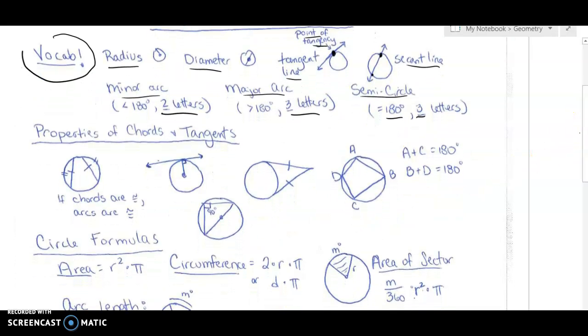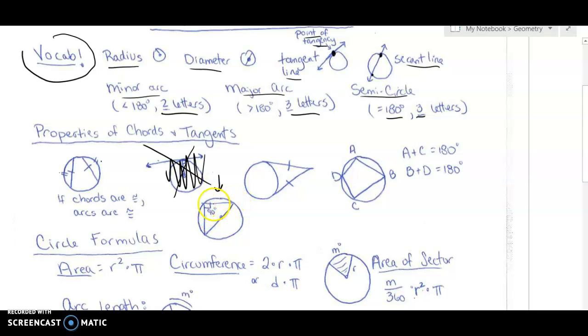Properties of chords and tangents. So one of the things we learned, that if you have 2 chords like so that are congruent to each other, the arcs that they open up to are also going to be congruent. So if the chords are congruent, the arcs are congruent. All right, this we didn't get into, so you don't have to worry about this. Something like this guy down here.